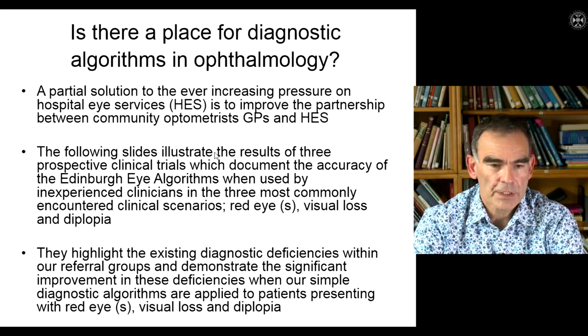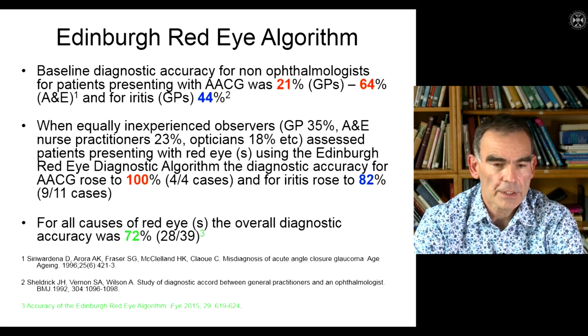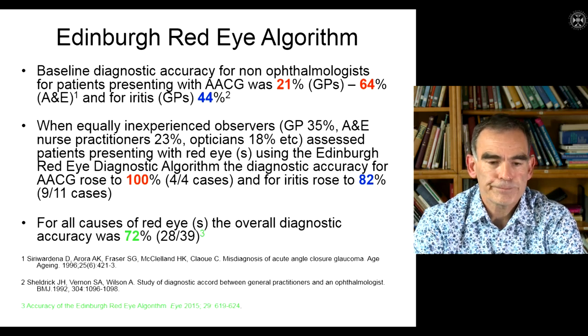So the first study we did was on the red eyes, because the red eyes are probably the most common presentation. What we did with this study was we had referrals in from the community with GPs, optometrists, and other hospital doctors.